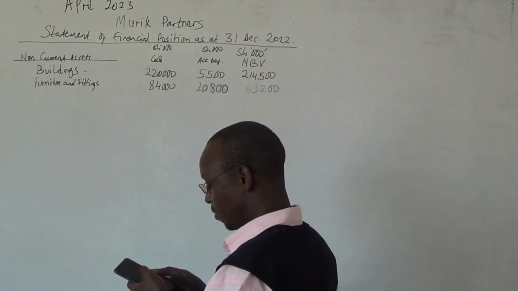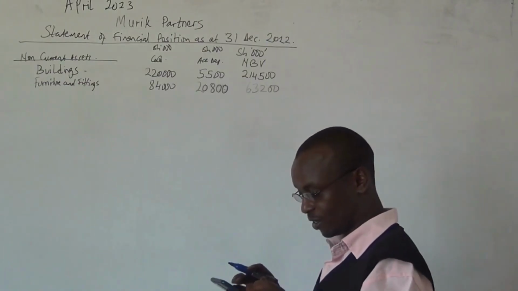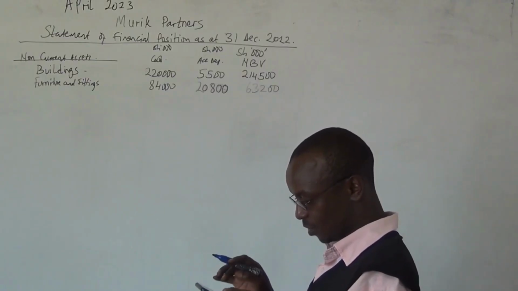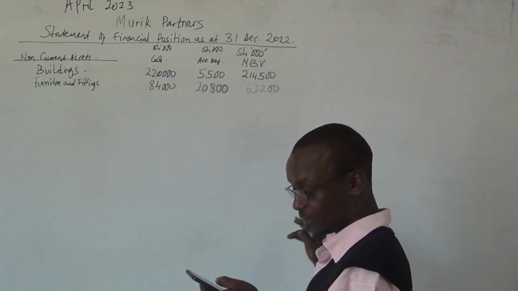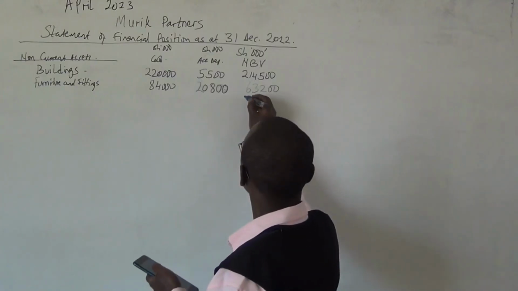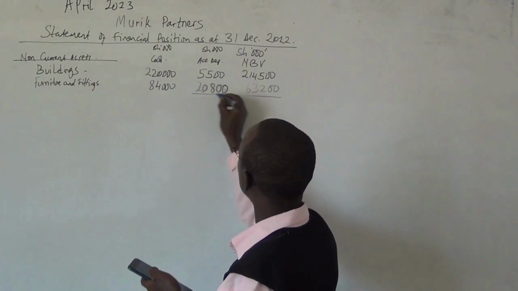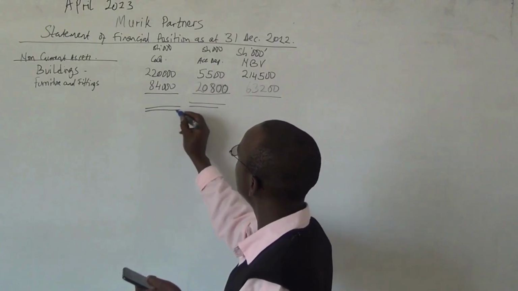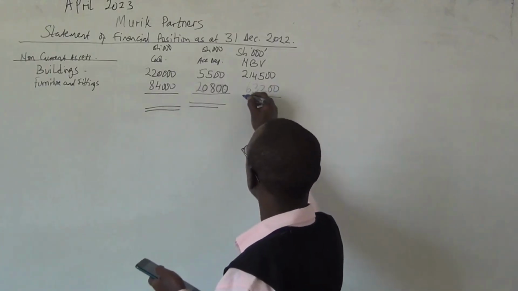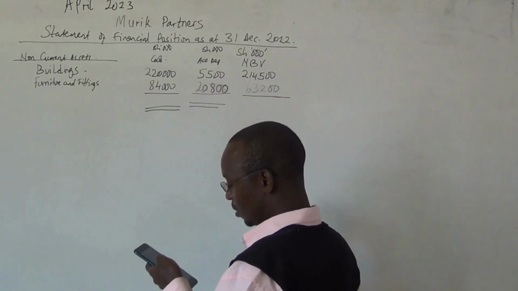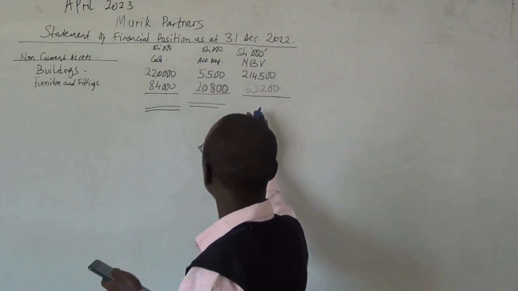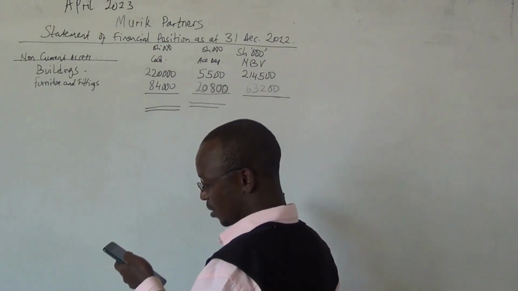So you don't have any other non-current assets, those are the only ones, isn't it? You add them. If you are not able to add it, just leave it like that. Add this, you get the total non-current assets.